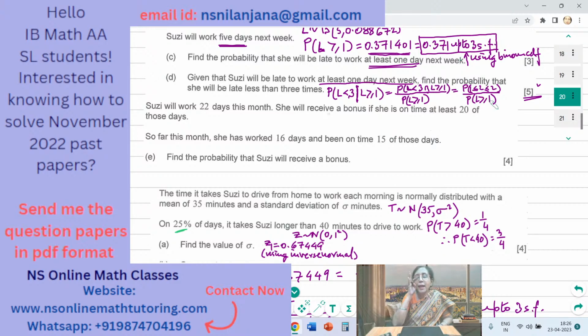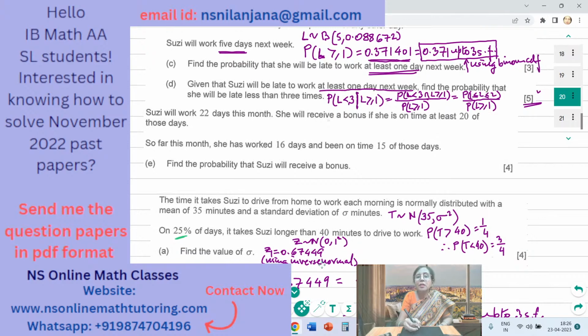But first, before getting the value, I have to get the value of the numerator. 1 to 2, and it is a binomial distribution where n is 5 and the probability of success is 0.088672.